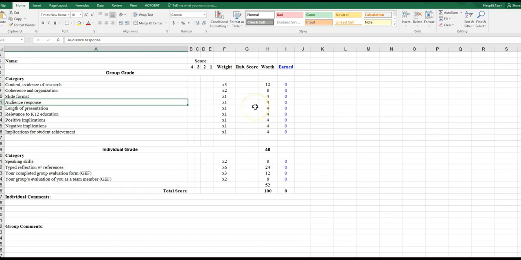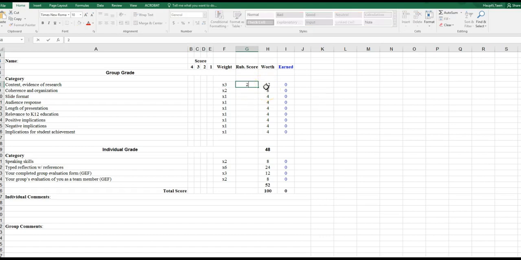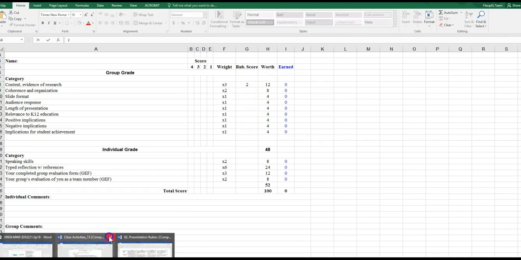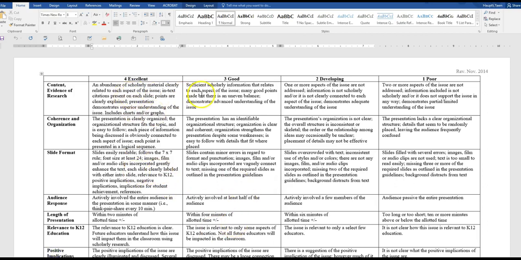So if I'm looking at the document or the presentation I just went over, I'm going to say that it's a 2 in terms of the content and evidence of research, because it seems like one or more aspects of the issue are not addressed. Information is not scholarly. It's not clearly connected to each aspect of the issue. Demonstrates adequate understanding.